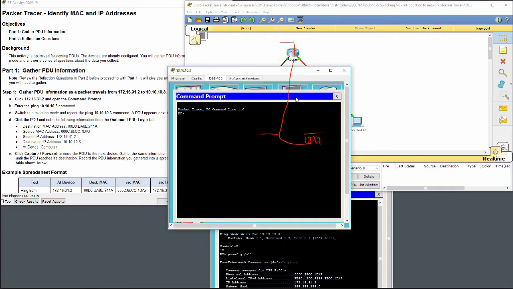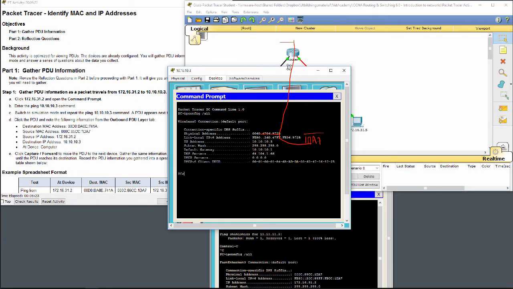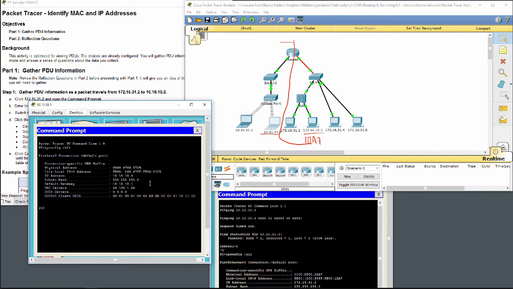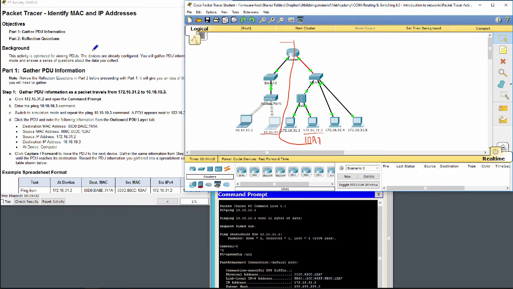We look at ipconfig /all, and we see that the MAC address for 10.10.10.3 ends with 572B. Okay.